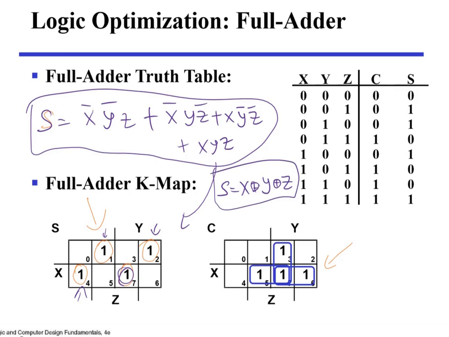Okay, and then for the carry, with this C, we will have 3 terms, right? C will be equal to XY, XZ, and then YZ, right? Can you check? Look, from the truth table, we see that the carry bit C is equal to 1.